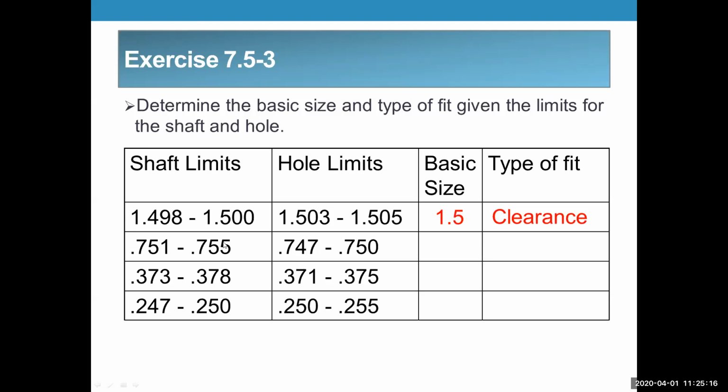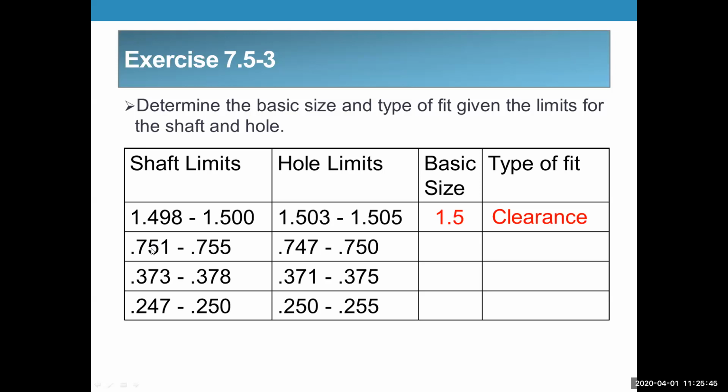So what's the basic size of this one right here? 0.750. Yeah, 3/4 of an inch. And what kind of a fit is it? It's an interference fit or press fit, however you want to call it. If I look at my smallest hole and my largest shaft, I definitely have interference, right? This is 8 thousandths bigger than this.